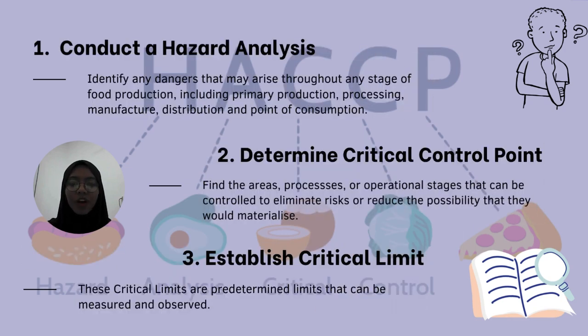The first principle of HACCP is to conduct a hazard analysis. Identify any dangers that may arise throughout any stage of food production, including primary production, processing, manufacture, distribution, and point of consumption. Some of the potential hazards: the first one is physical hazard, glass and metal. Second is chemical hazard.